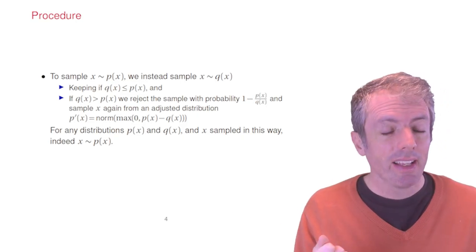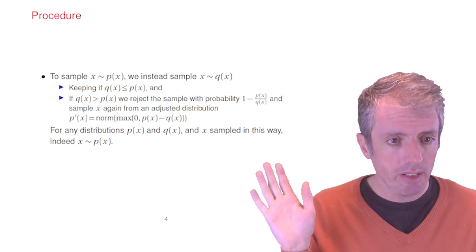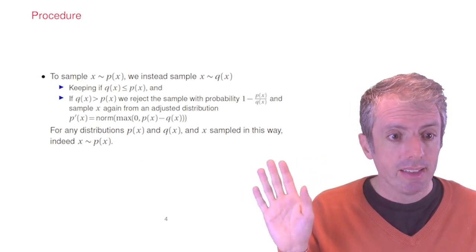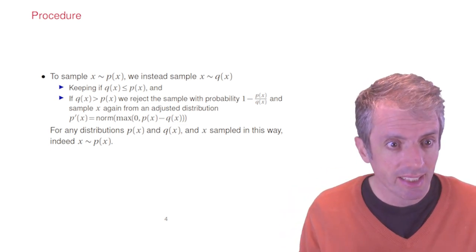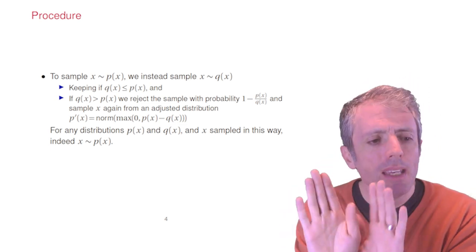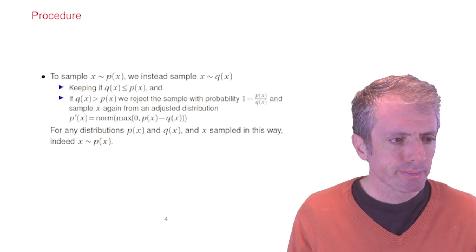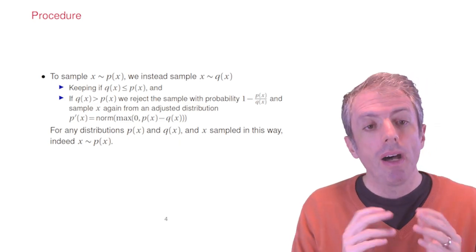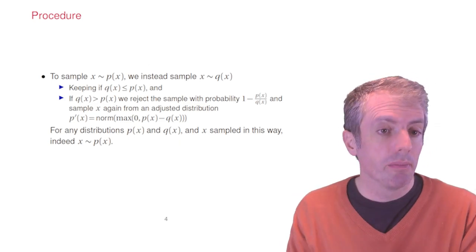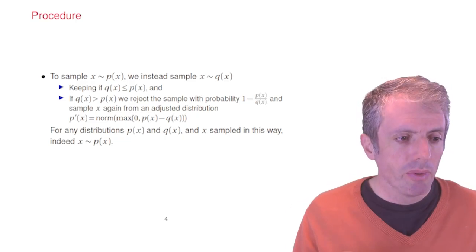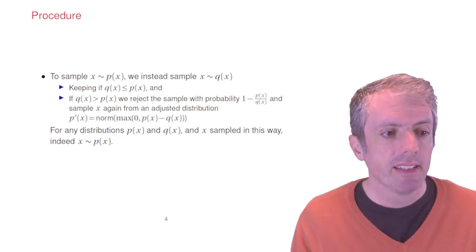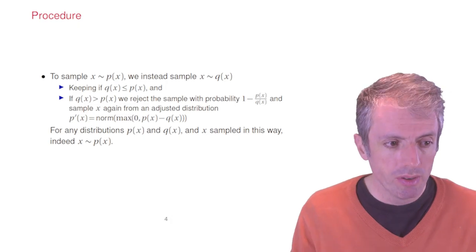This is just saying that your dumb model generated something, but your smart model liked it better than the dumb model did. If that's the case, keep it, you're going to be good. But if the dumb model liked it more than the big smart model, then you reject it with probability of 1 minus p of x over q of x.